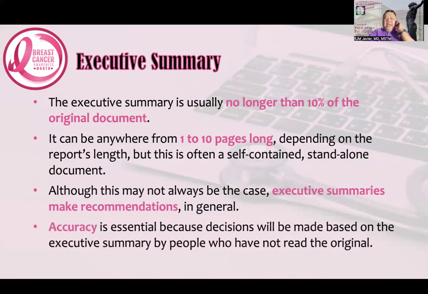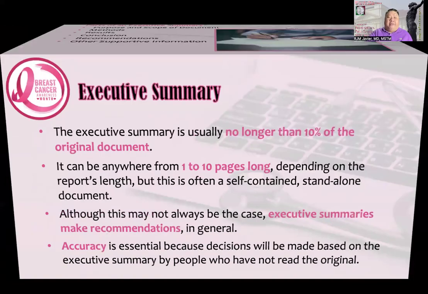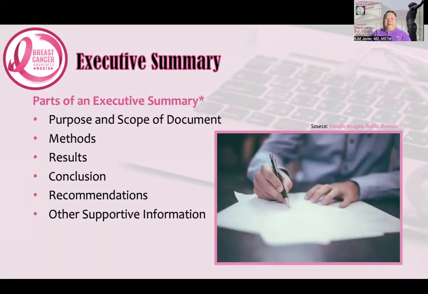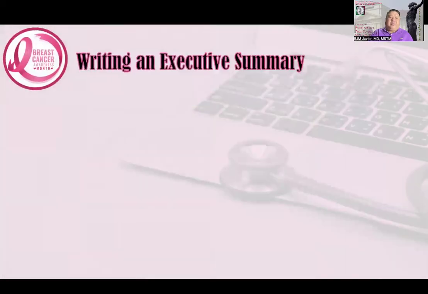In general, accuracy is essential because the decisions will be based on the executive summary by people who have not read the original document. So, what are the parts of an executive summary? Again, there should be purpose and scope, the methods, the results, conclusion, recommendations, and if necessary, especially if these are non-medical people, other supportive information.